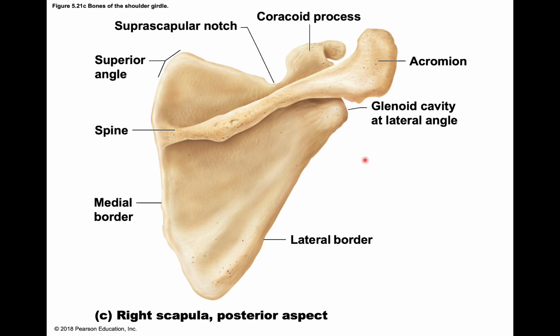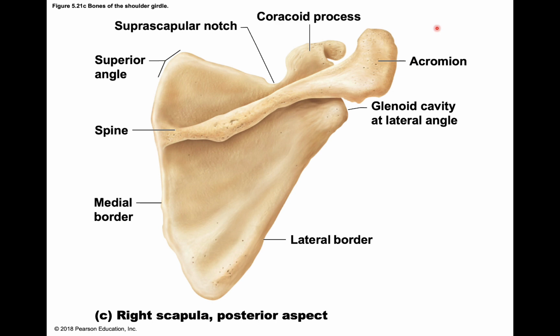The key thing here is to see if you can find what is the posterior side of the scapula, and once you identify the posterior side, whatever side the acromion is on, that is the side of the scapula. So if the acromion is on the right side of the bone, like we see here, this is a right side scapula.